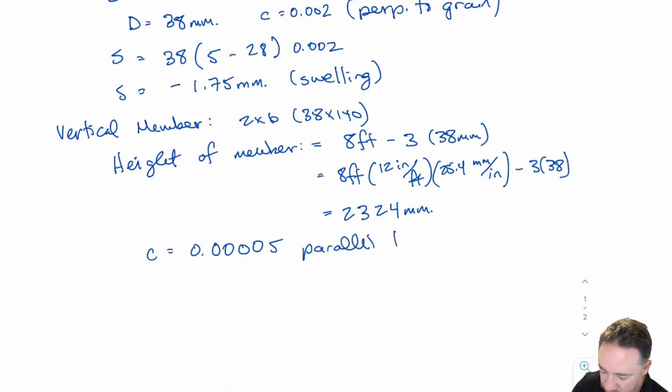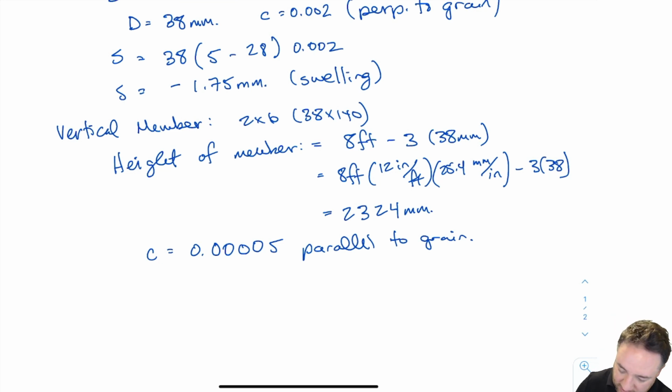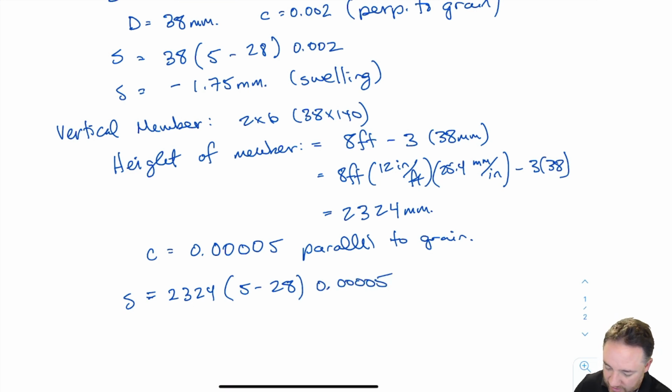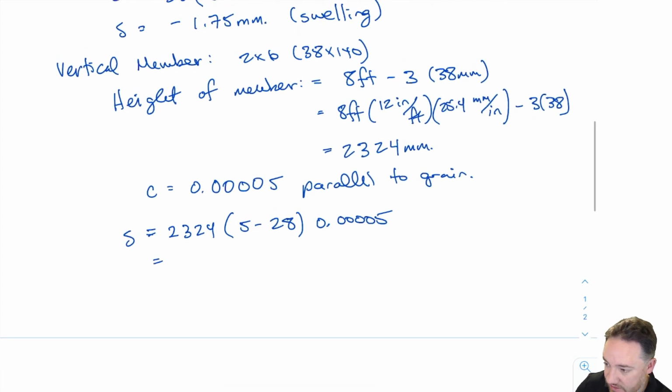If I do that calculation, I have 2324, which is my D, times 5 minus 28 again, times 0.00005. And what I get is 2.67 millimeters, with a negative on there, which is swelling.